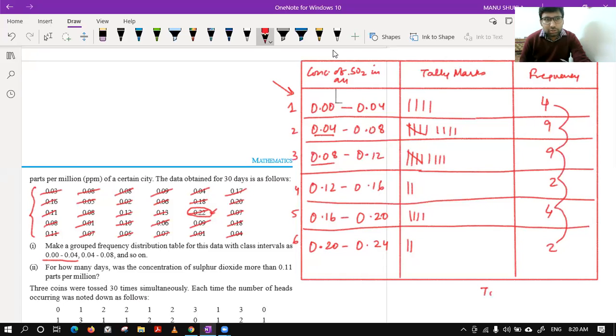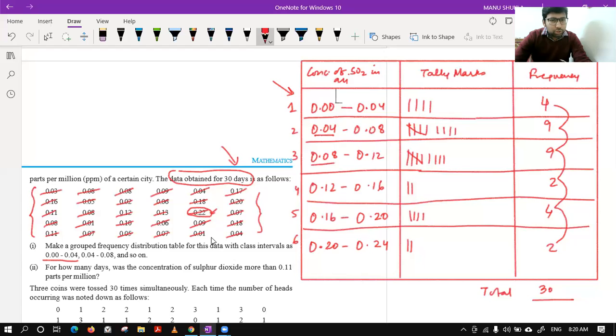So the total is 30. So we can verify we have included all the values, because the question was saying this data is for 30 days. It is the hint to check that we have included all the values. Also, I have cut all the values, so it is very much similar.